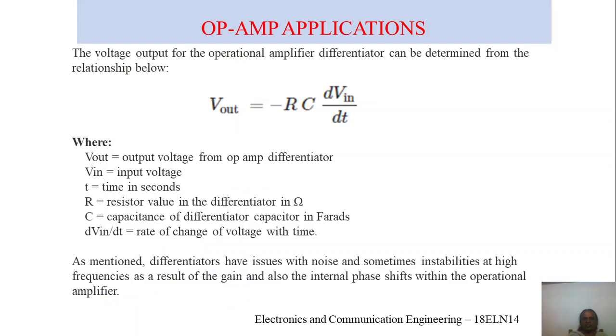The voltage output for the operational amplifier differentiator can be determined from the relationship like this.